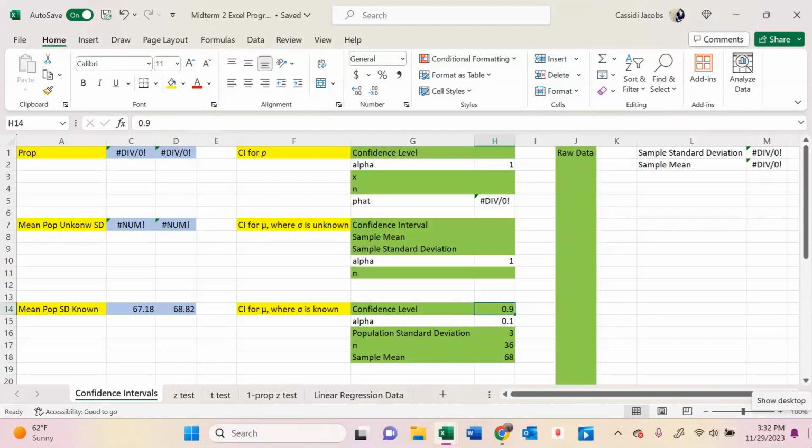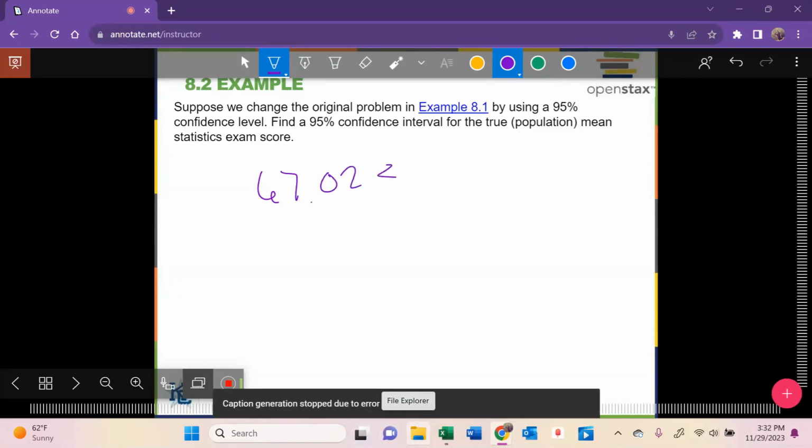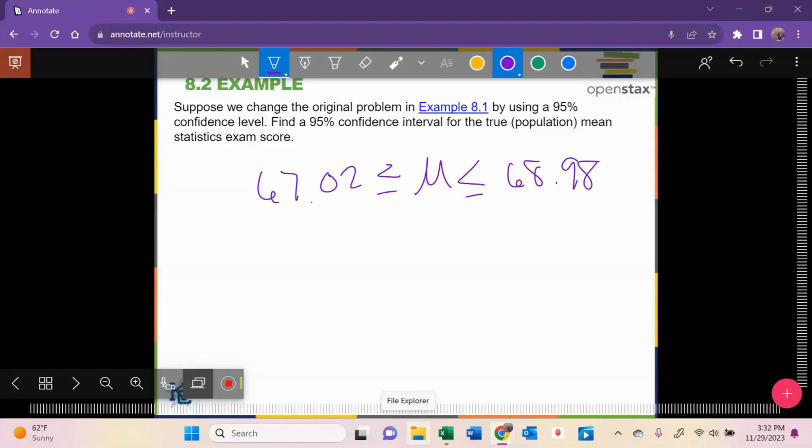So the new confidence level would be 0.95. When you do that, you see your values over here change. So 67.02 to 68.98. So here we would say 67.02 is less than or equal to the true mean, which is less than or equal to 68.98.